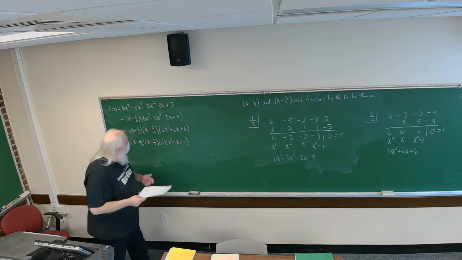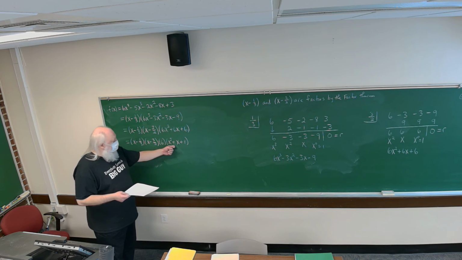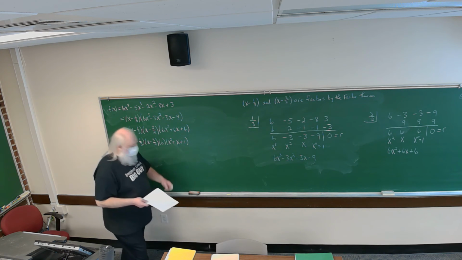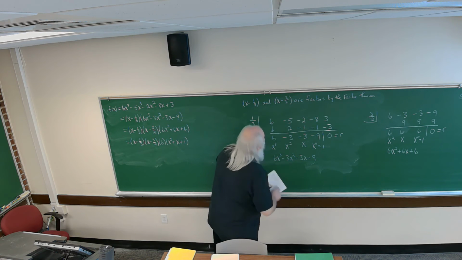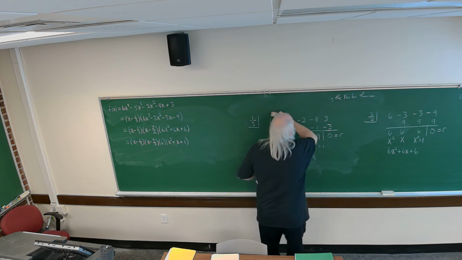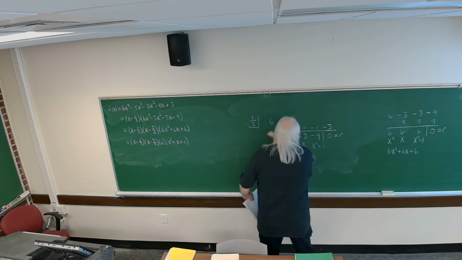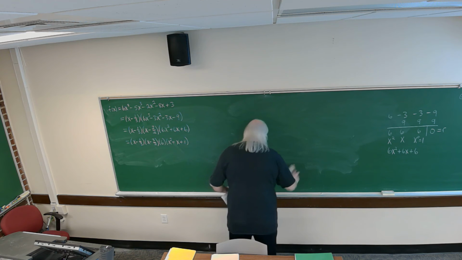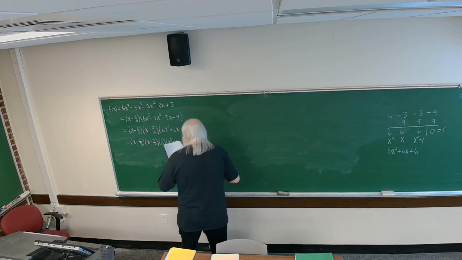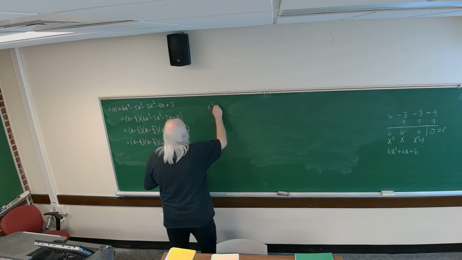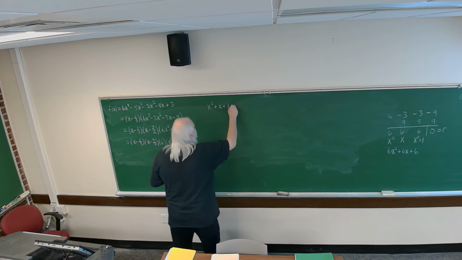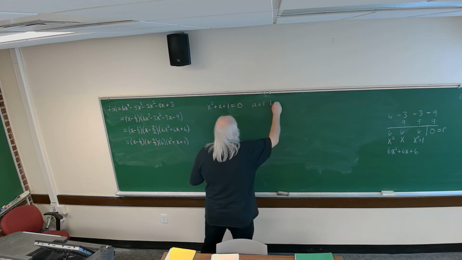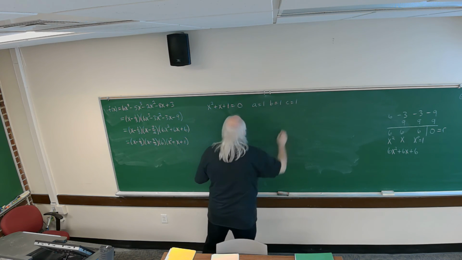All right. So we can now set x squared plus x plus 1 equal to 0 and solve for x using the quadratic formula. Okay. So a is equal to 1, b is equal to 1, c is equal to 1.